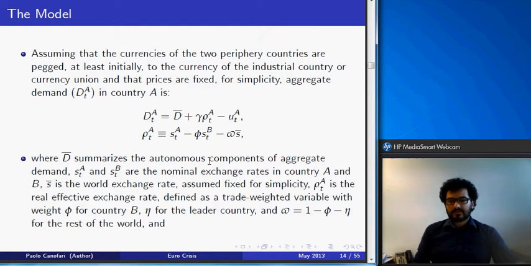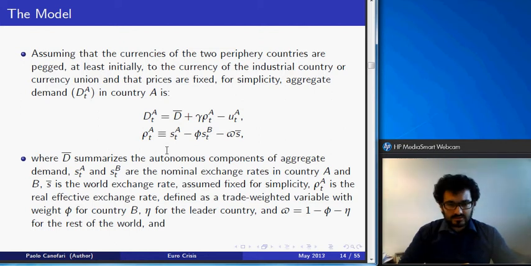The exchange rates are defined also in this case as the price of foreign currency, so the price of the monetary union in terms of the local currency. An increase in the real effective exchange rate means a real devaluation for country A.